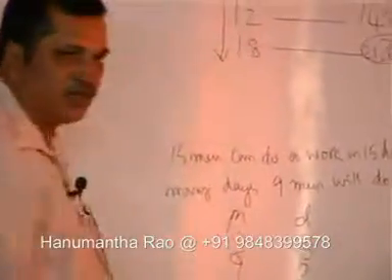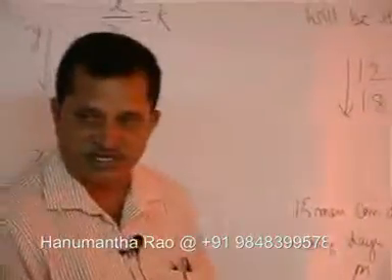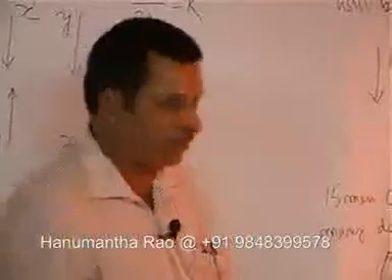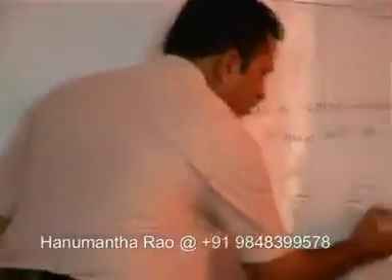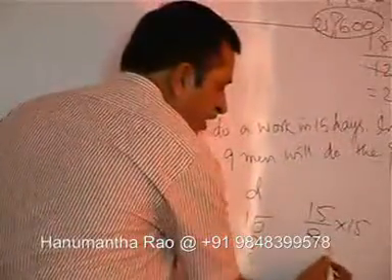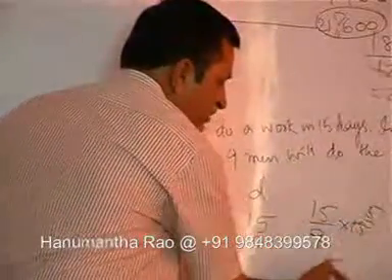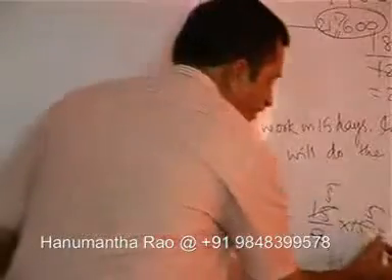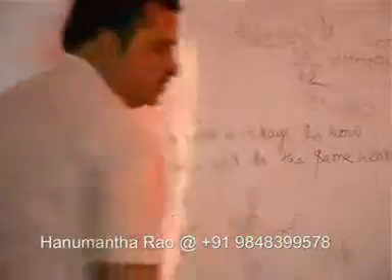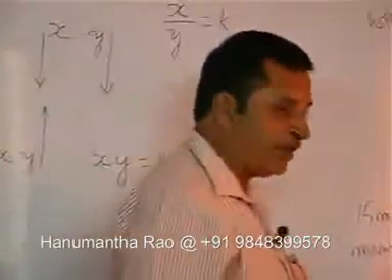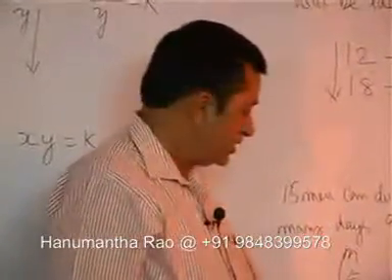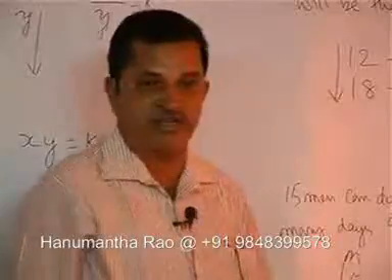As the persons decrease, the number of days will be more. So, more by less into 15: 3 3s, 3 5s, 5 into 5, 25 days.